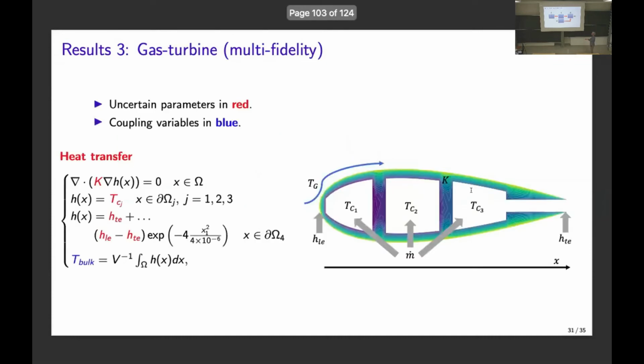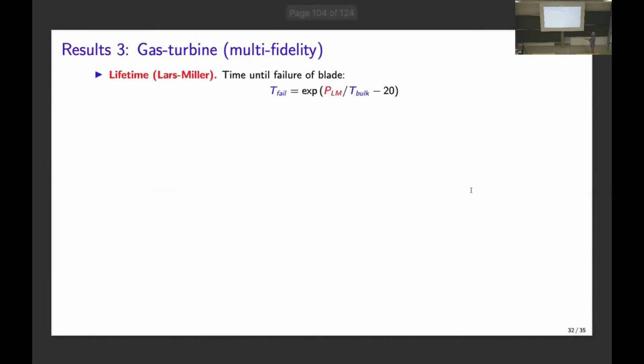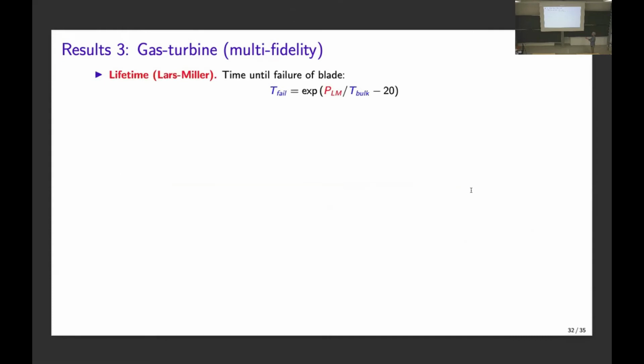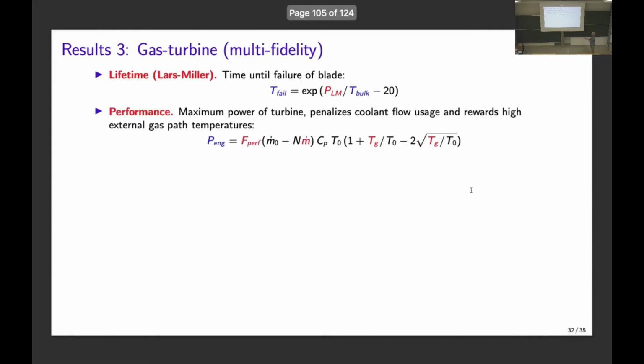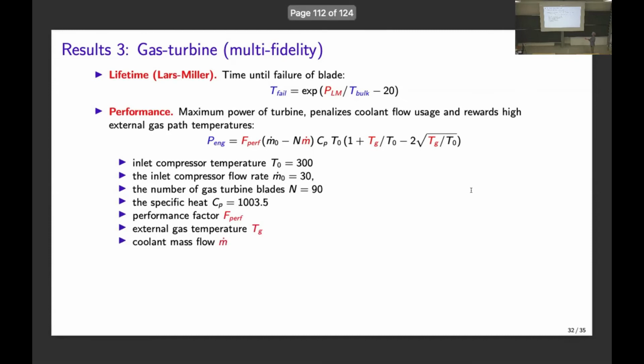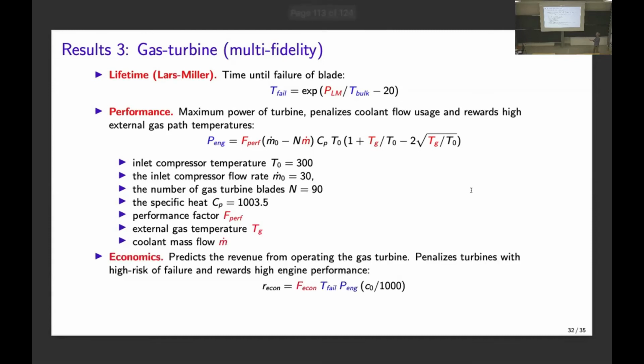This is the gas turbine that I was mentioning earlier. The gas turbine is a PDE. The PDE computes the temperature of the blade, fed into the lifetime expectancy. There's a performance model that penalizes certain things and rewards high external things. That doesn't really matter.